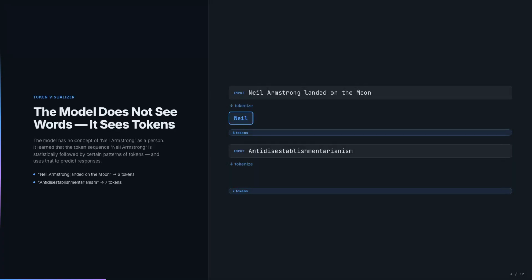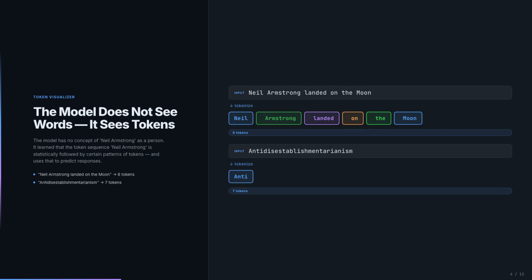Here is something that changes how you think about everything else in this lesson. To the model, the sentence Neil Armstrong landed on the moon is not a fact about an astronaut, it is six separate numbered tokens. The model learned patterns about those token sequences from its training data, not facts about the actual person or event. It knows that the token sequence Neil Armstrong is statistically followed by certain patterns of tokens, and it uses that statistical knowledge to predict responses.